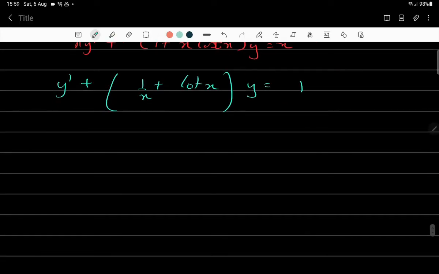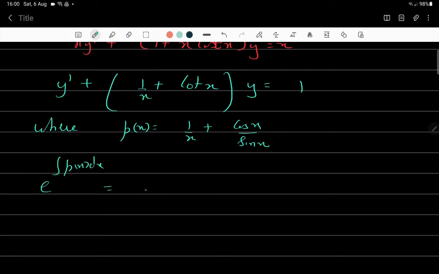So it is a linear differential equation where p of x is 1 by x plus cot x, that is cos x by sin x. Now e raised to the power integration p of x dx is e raised to the power log x plus log sin x.